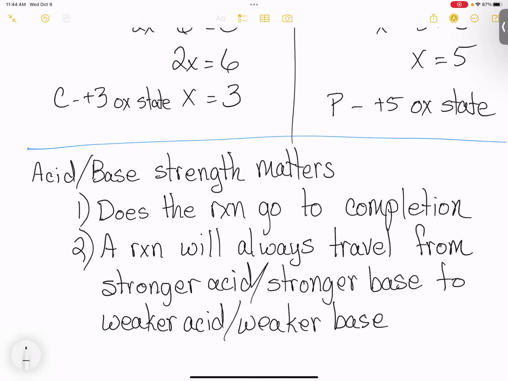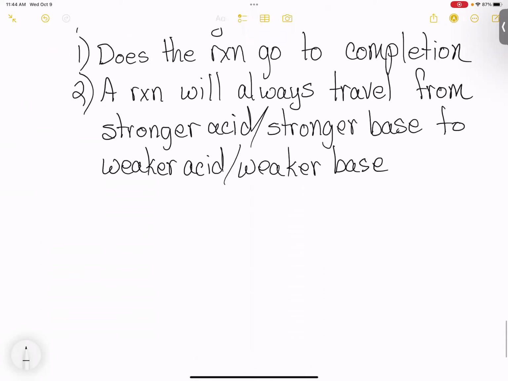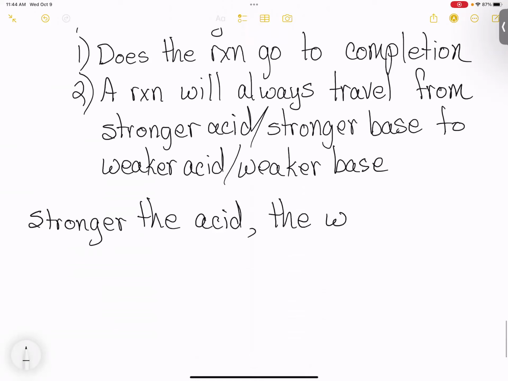Okay, first thing I want you to note about this table is the stronger the acid, the weaker its conjugate base.